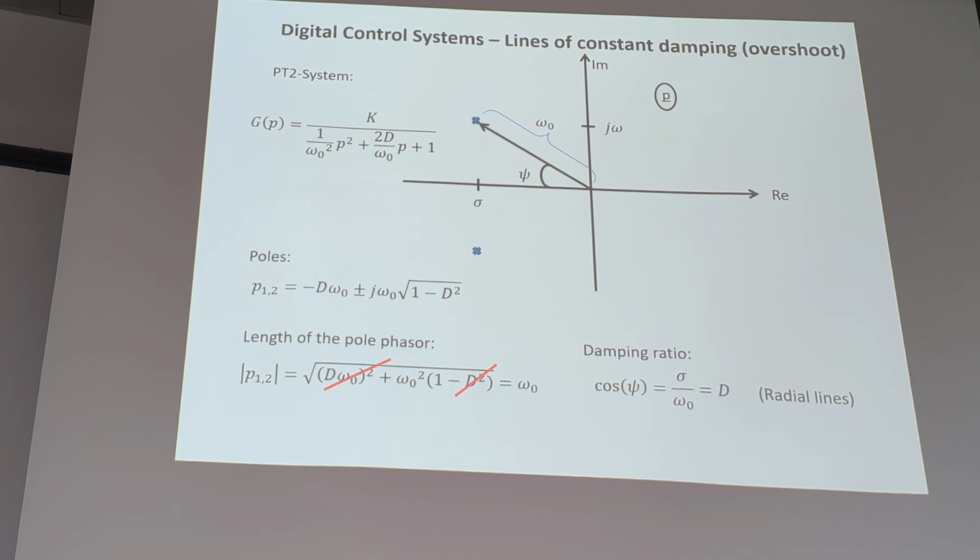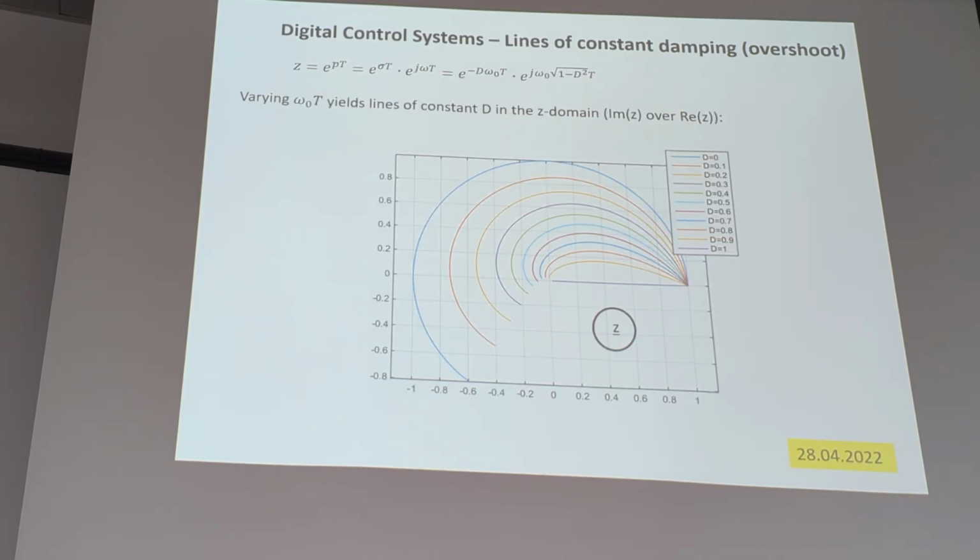And now if we do the conformal mapping into the z domain, we end up having something like this, because the relation between z and p is this one here. z is equal to e to the power of p times capital T, where T is the sample time. So we can rewrite it as a phasor with the length e to the power of sigma T, the real part, times e to the power of j omega T, where omega T is the angle.